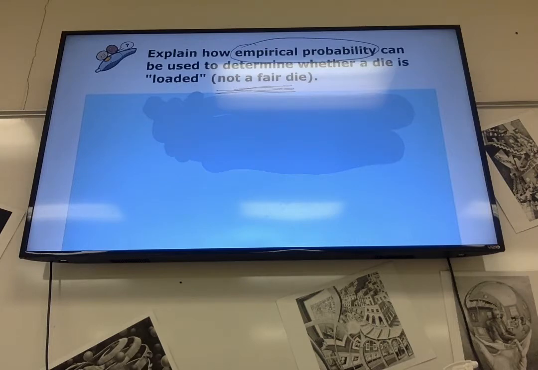But sometimes, people that are skilled at cheating could switch out dice and use their own dice, and it'll land on a specific number they wanted more often.